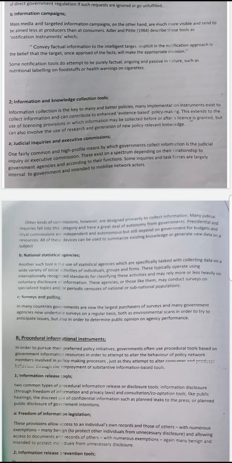Next, we discuss procedural informational instrument. In order to pursue their preferred policy initiative, government often use procedural tools based on government information resources in order to attempt to alter the behavior of policy network members involved in policy making processes, just as they attempt to alter consumer and producer behavior through the employment of substantive information based tools.